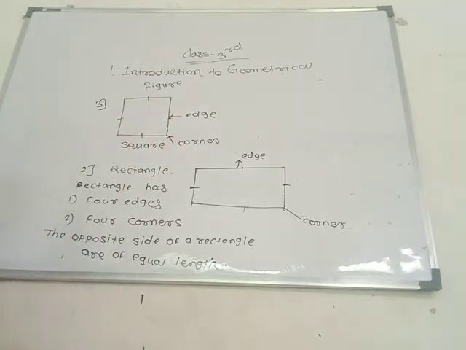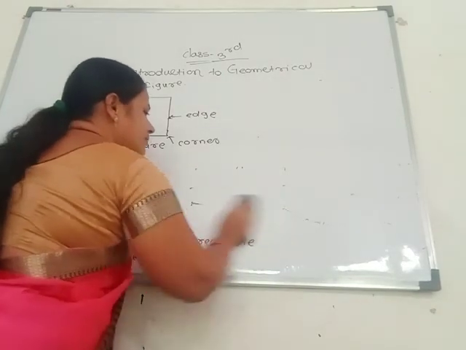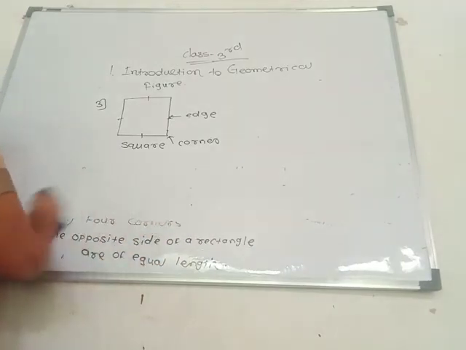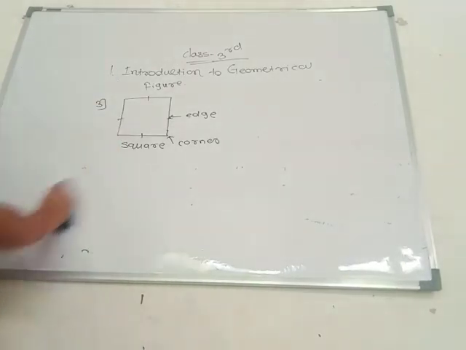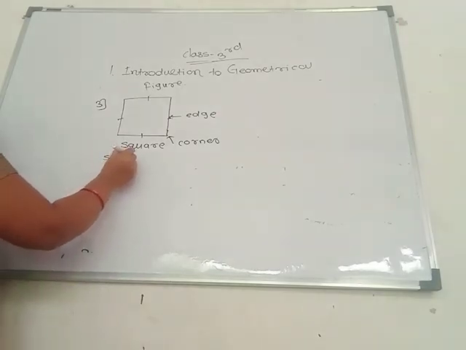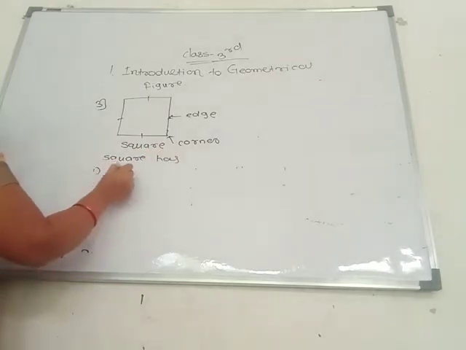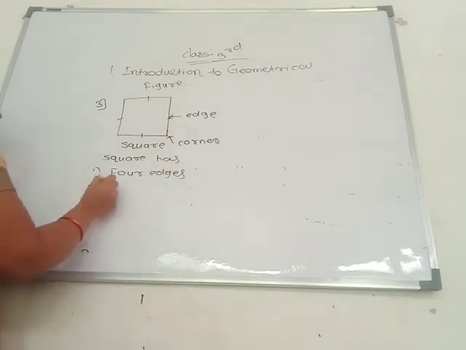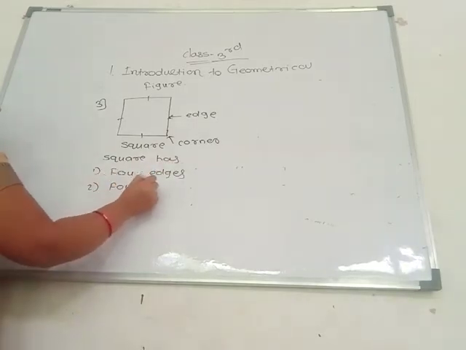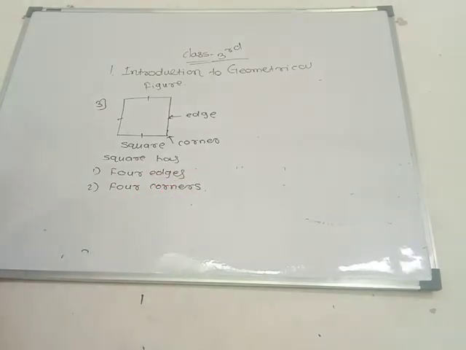Then you write here: a square has first 4 edges and 4 corners.